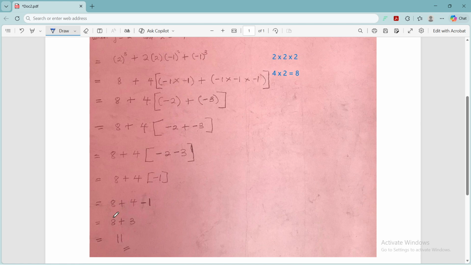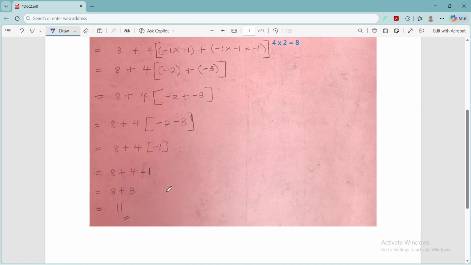So we are going to have our new equation to be 8 plus 4 multiplying -1, all in brackets, right? So when we simplify further, we are going to have 8 plus 4 multiplying -1, right? 4 multiplying -1 will give us 4 minus 1, right?